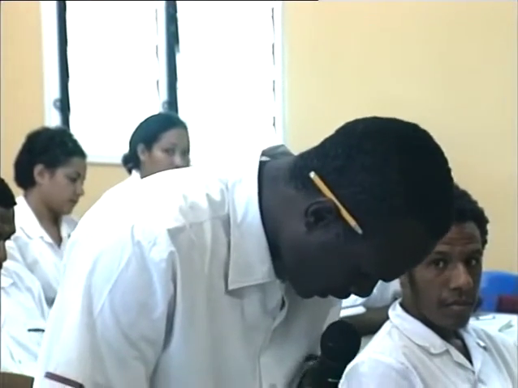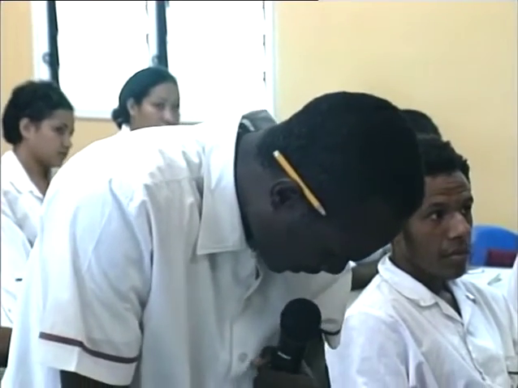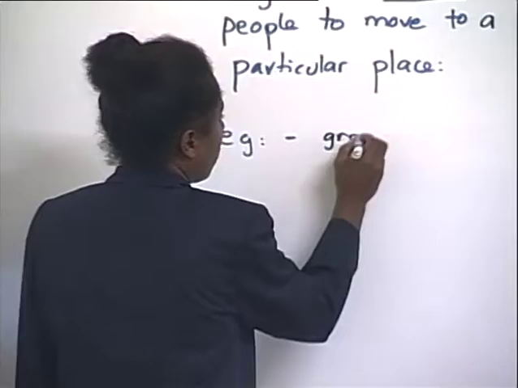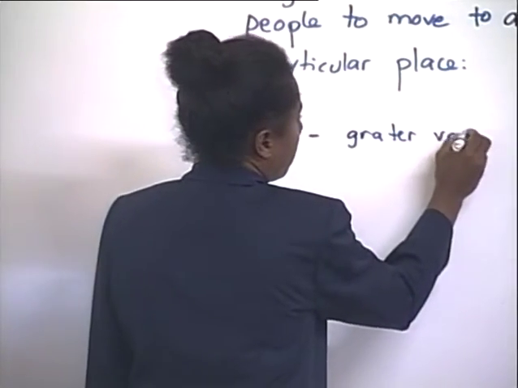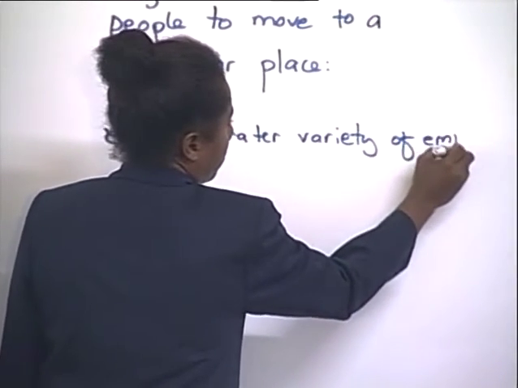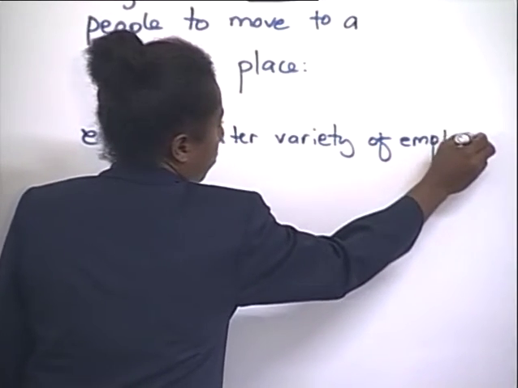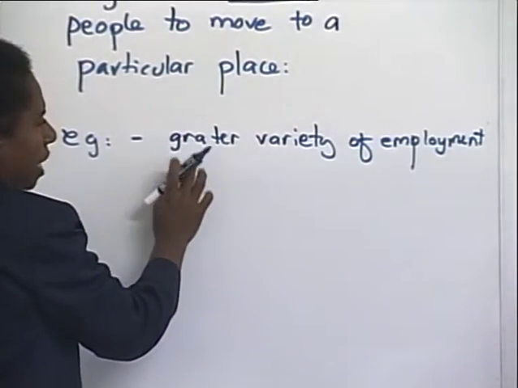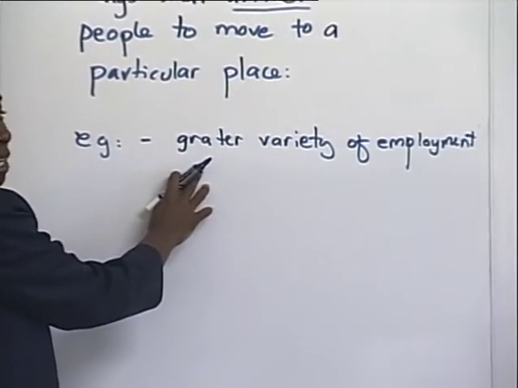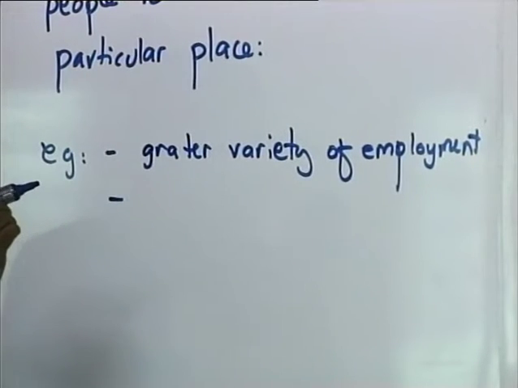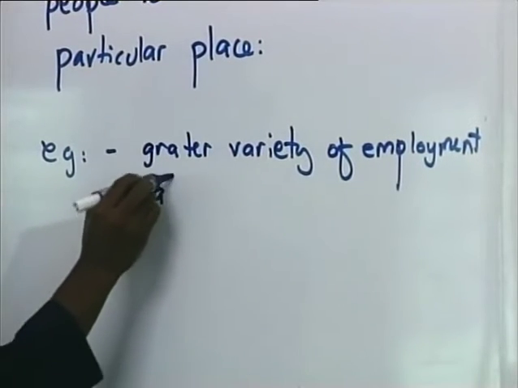Attractiveness of a community, amenities, greater variety of employment. Okay, we're looking at greater variety of employment. Is that what you mentioned? And the first one was attractiveness of the community.